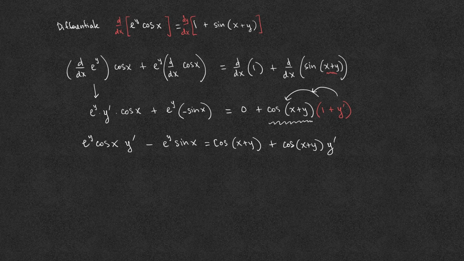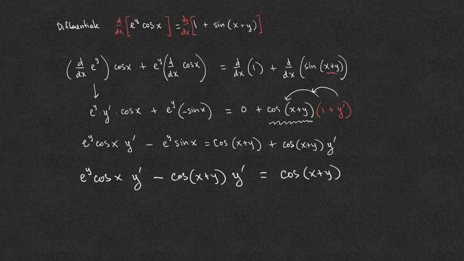If it is already on the left-hand side, rewrite it: e to the y cosine of x y prime, and then we move cosine of x plus y times y prime to the left to get negative cosine of x plus y times y prime, and then all of the terms without y prime to the right-hand side: cosine of x plus y on the right-hand side already, and then plus e to the y sine of x.